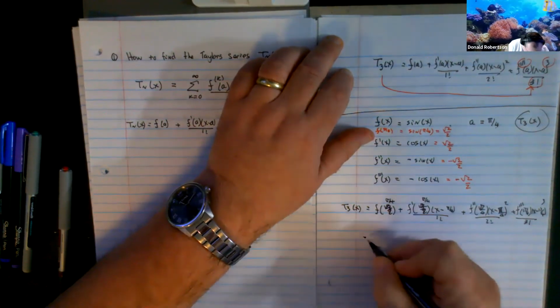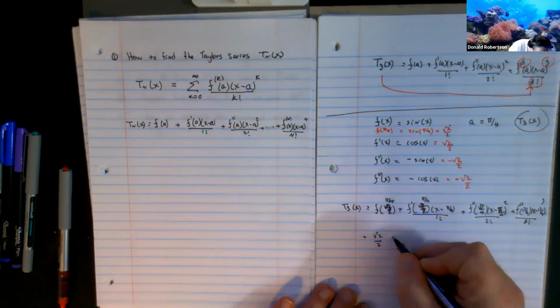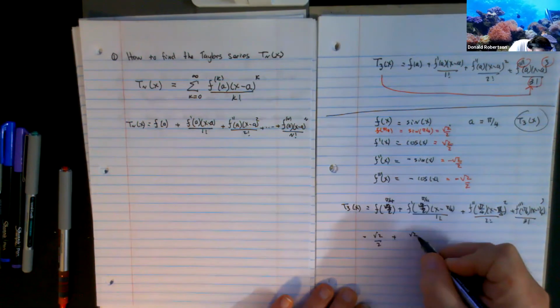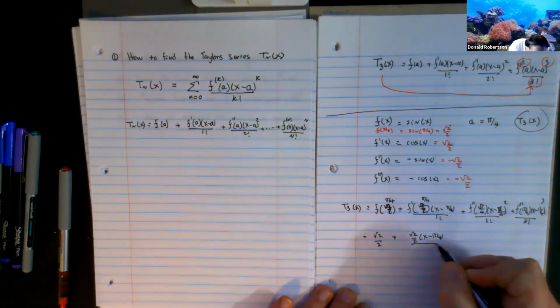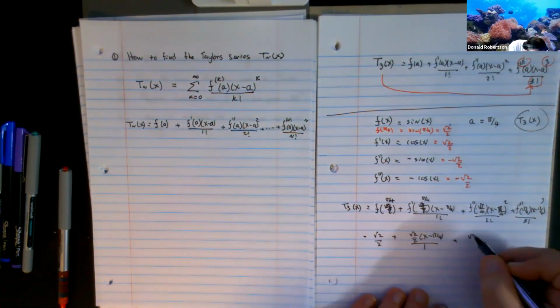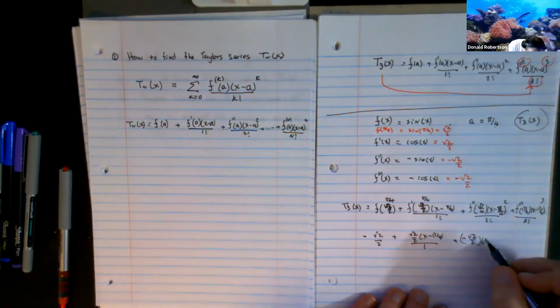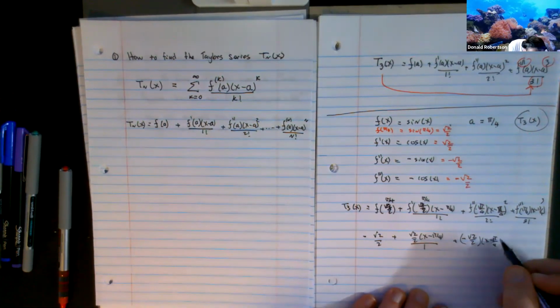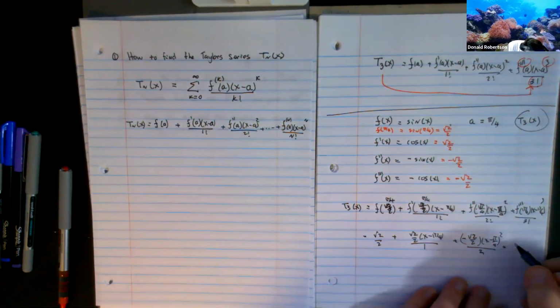Now I'll put all those root 2's in. This one here is root 2 over 2. This derivative is root 2 over 2 times x minus pi upon 4 over 1 factorial. This one also happens to be the same, but negative. It's going to be x minus pi upon 4 squared over 2 factorial, which is 2. And then you get the last one.